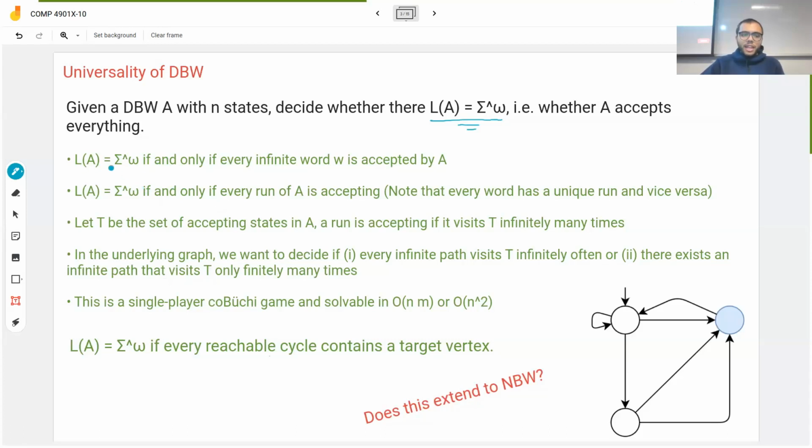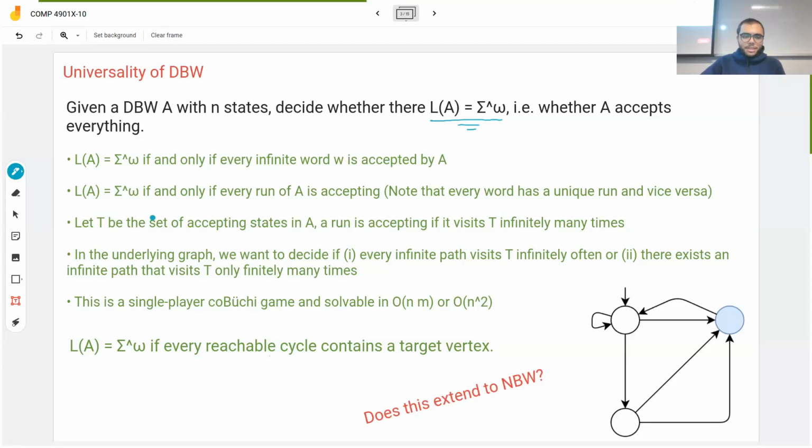So if the language of A is everything, it means that every infinite word W is accepted. But if every word W is accepted, it means that every run of A is accepting, because this is a deterministic automaton. So every word has a unique run, and every run has a unique word. So I basically want to see if every run of A is accepting.